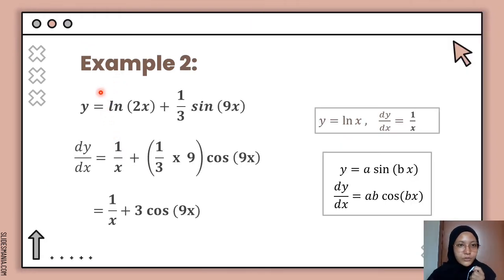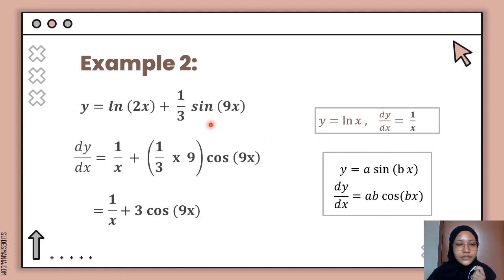Okay, next we move to example 2. The equation is y equals ln 2x plus 1 over 3 sine 9x. As before, we need to differentiate each part of the sum one by one. So we start with this part first, ln 2x. To differentiate it, we use this formula, y equals ln x, and the derivative is 1 over x.